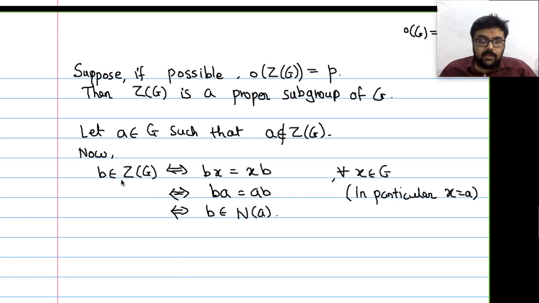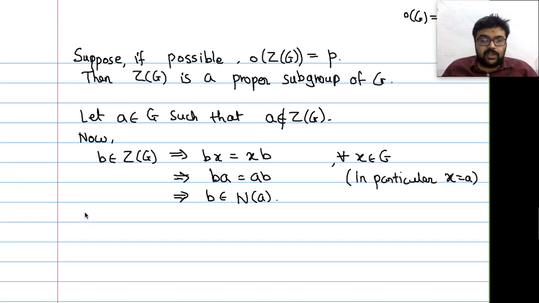Yes, b commutes with a only. It's not necessary that b commutes with every element, so this is the way we are going. So Z(G) is a subset of N(a). If an element is in Z(G), it is in the center, it commutes with every element, so it commutes with a. So it is in the normalizer of a.